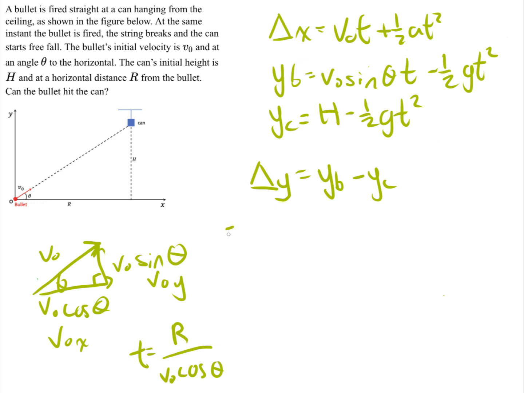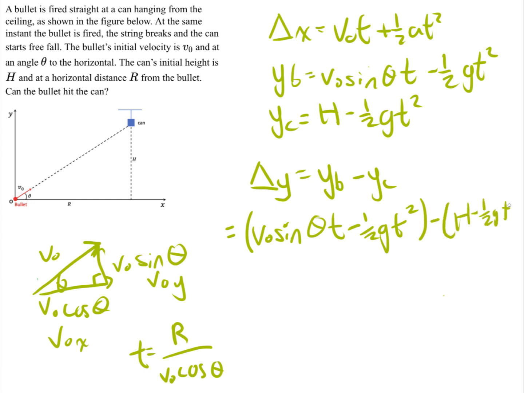So we can simply plug that into the equations for the y position of the bullet and the y position of the can. So this becomes the initial velocity times the sine of theta times time interval t minus 1/2 gt squared, minus h minus 1/2 gt squared.